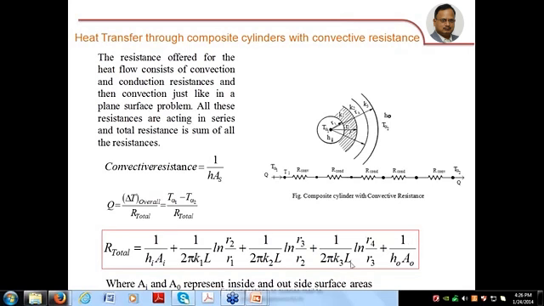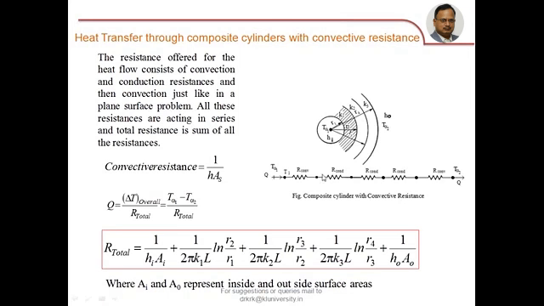Ai and A0 represent the inside and outside surface areas, where Ai is equal to 2 pi R1 L and A0 is equal to 2 pi R4 L.